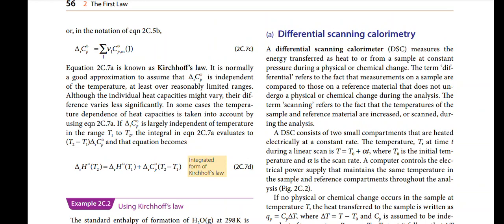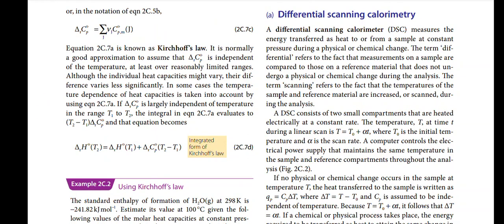If delta Cp R naught is largely independent of temperature in the range T1 to T2, the integral in equation 2C.7a evaluates to (T2 minus T1) times delta Cp R naught, and that equation becomes delta H R naught at T2 is equal to delta H R naught at T1 plus delta Cp R naught times (T2 minus T1).